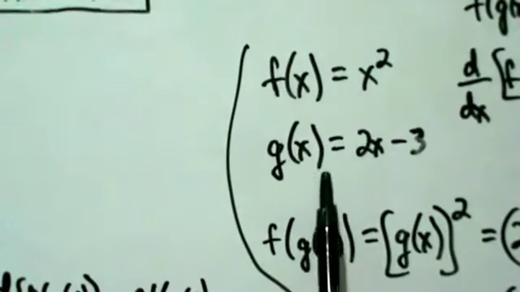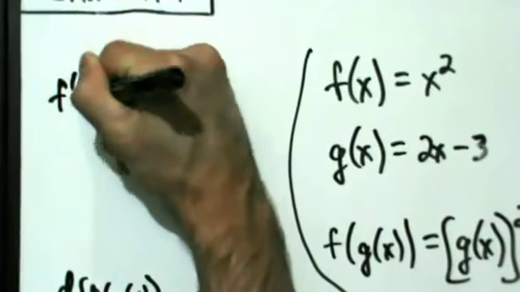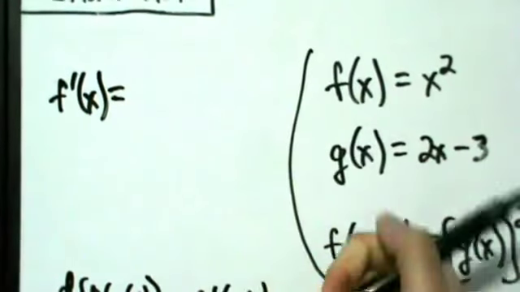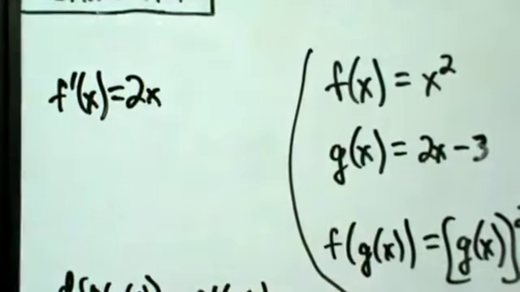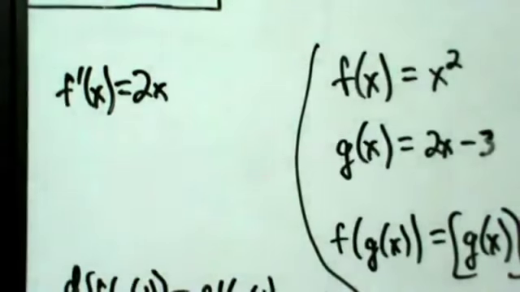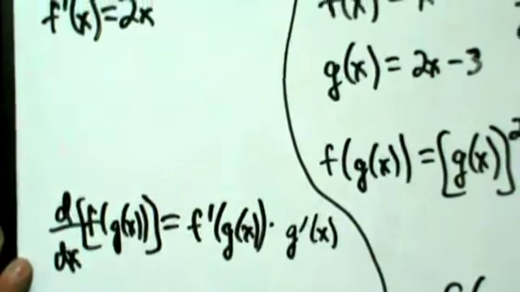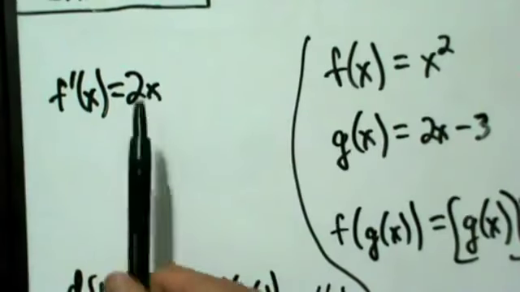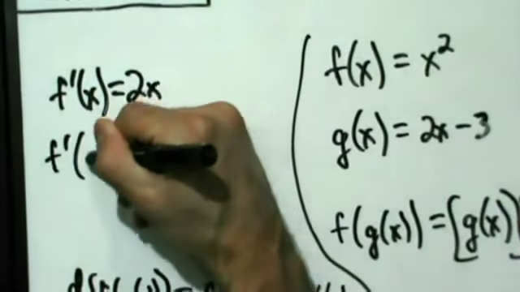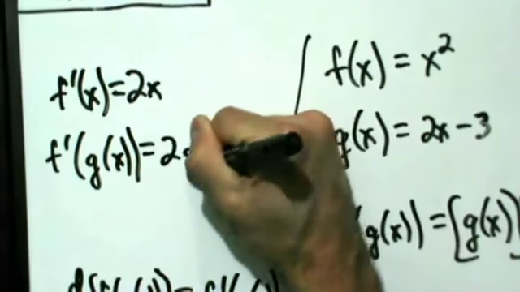So what is f primed of x? Well, f primed of x is just 2x, because f of x is x squared, so f primed of x is 2x. But we don't want f primed of x, we want f primed of g of x. So what's f primed of g of x? Well, if f primed of x is 2x, then f primed of g of x is just 2g of x.